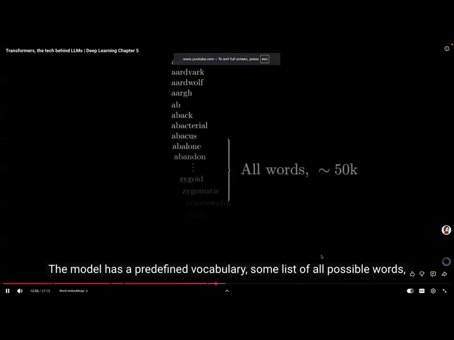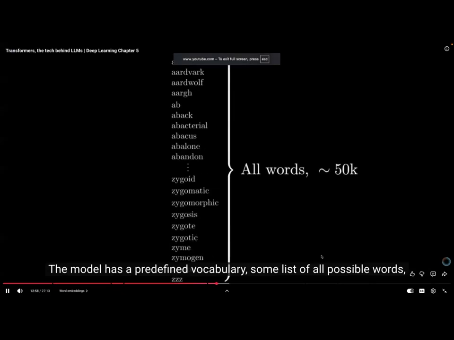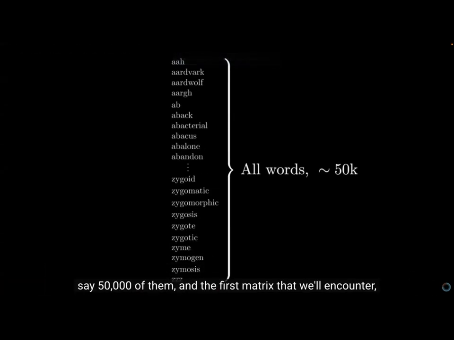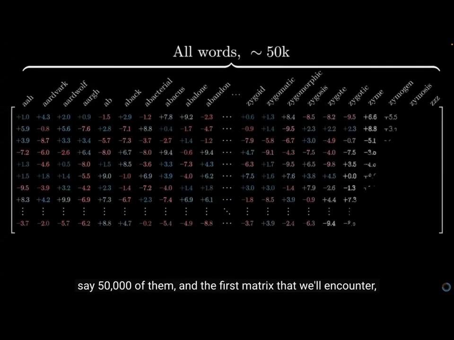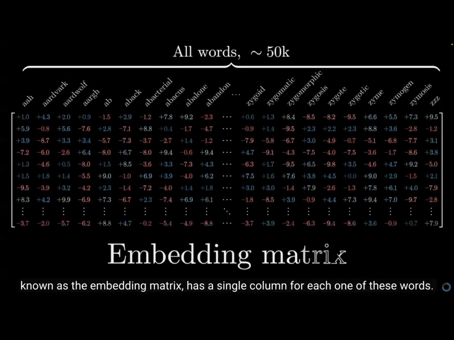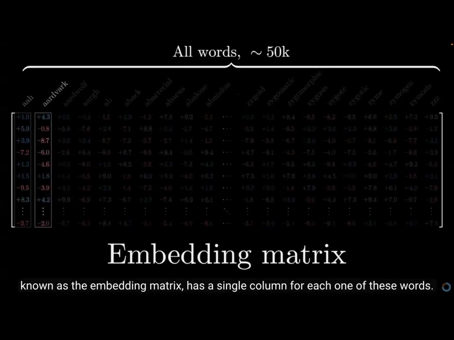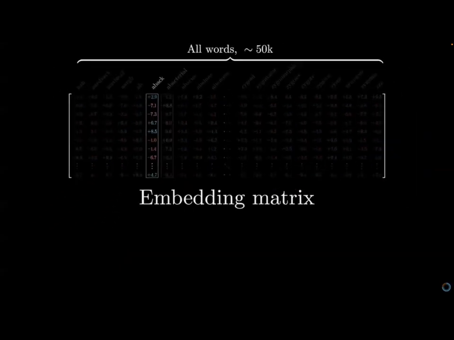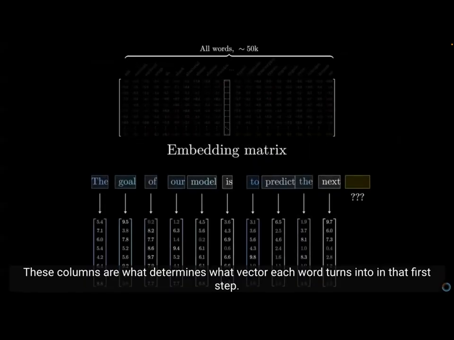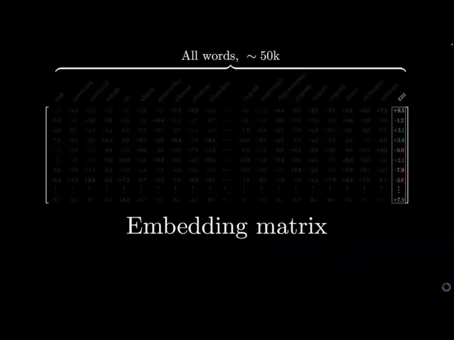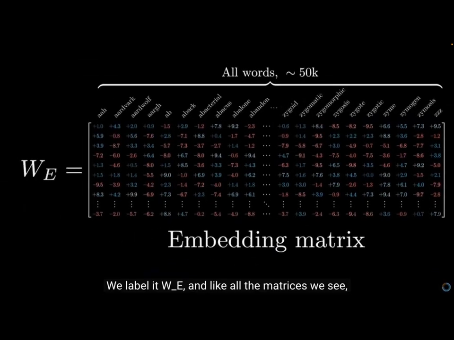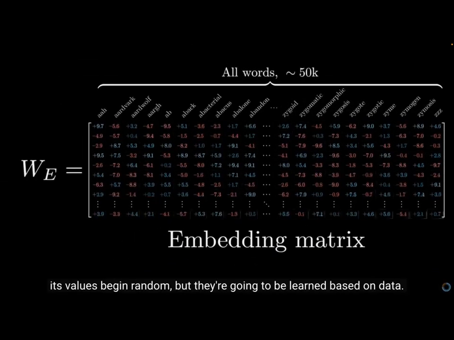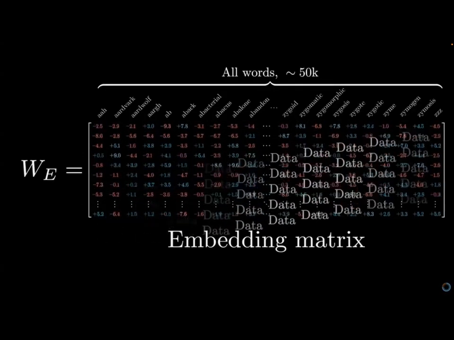The model has a predefined vocabulary, some list of all possible words, say 50,000 of them. And the first matrix that we'll encounter, known as the embedding matrix, has a single column for each one of these words. These columns are what determines what vector each word turns into in that first step. We label it WE, and like all the matrices we see, its values begin random, but they're going to be learned based on data.